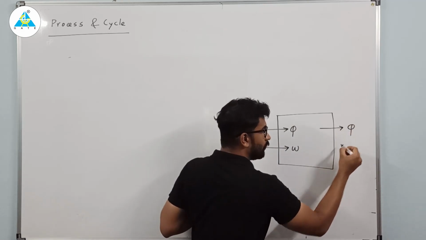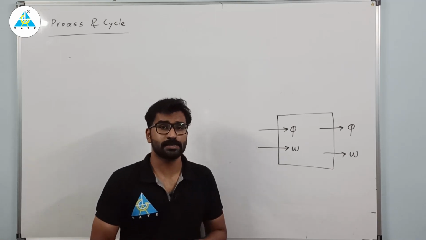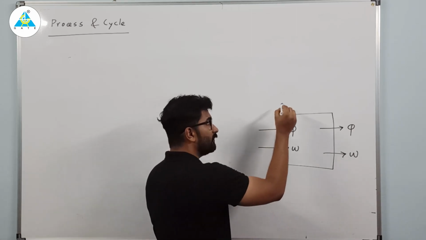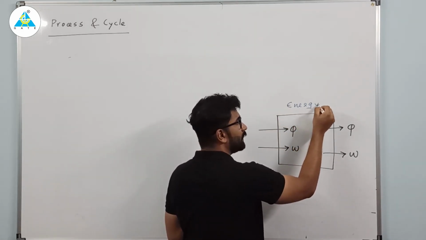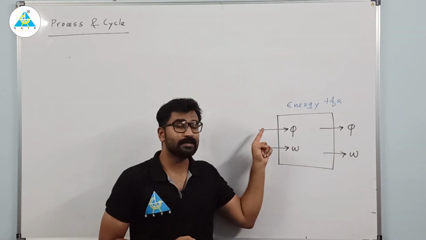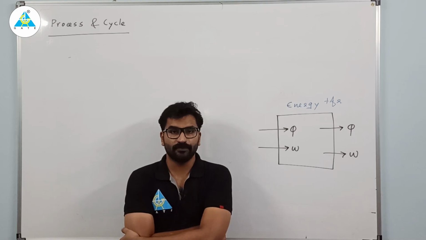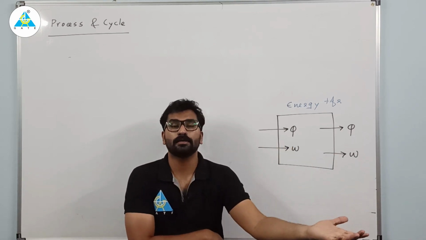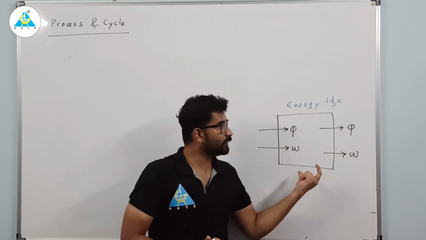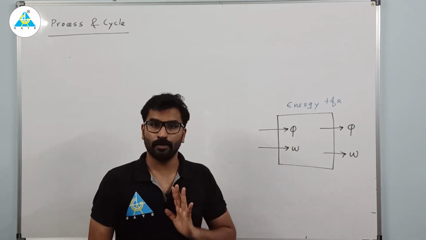Any doubt? Whatever the reason for energy transfer in a closed system, there can be only two reasons: heat transfer or work transfer. These are the only two interactions we have. If it is an open system, a third point comes in: mass will come in and mass will go out, and that mass will carry some energy, so that will also come. Clear? So the energy transfer in a closed system is only due to your heat and work. Okay?